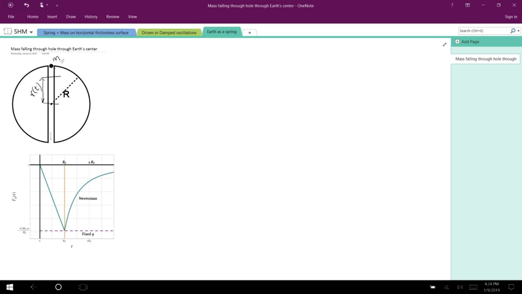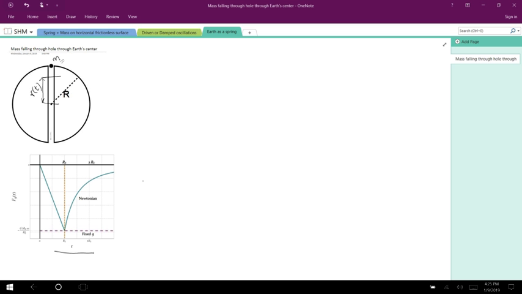You can think of the ball moving downward and its radius, or the distance from the center of the Earth, changing as a function of time. We'll also have to know what the force on this mass m is. The bottom picture shows the gravitational force as a function of distance from the center of the Earth.